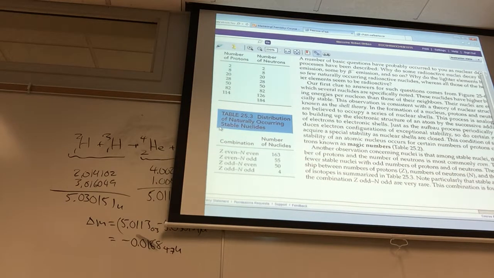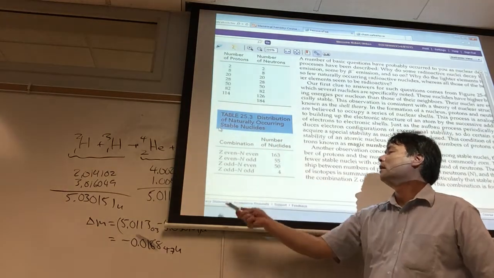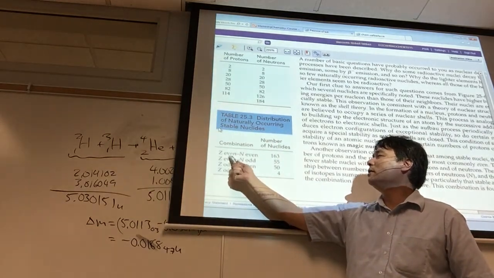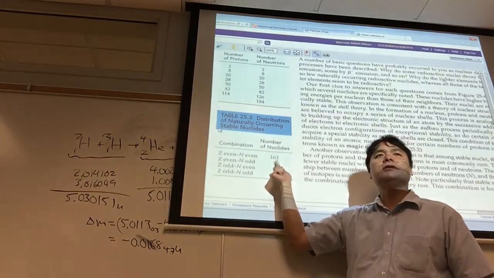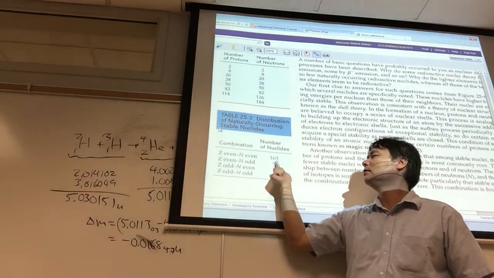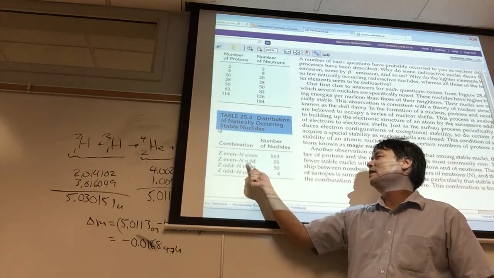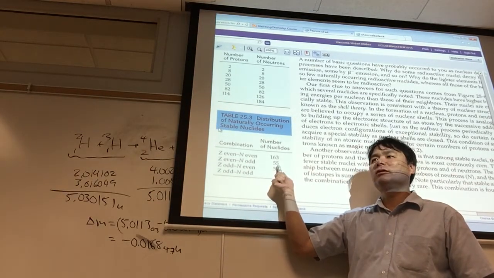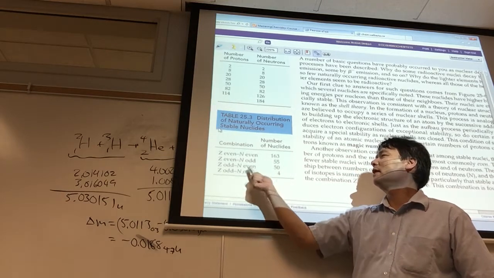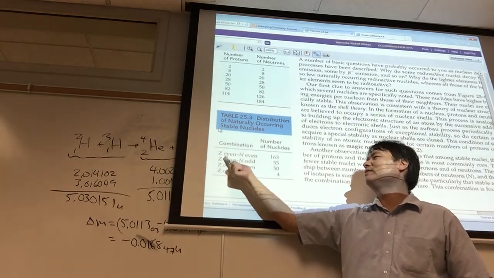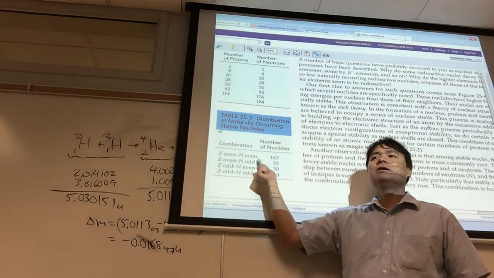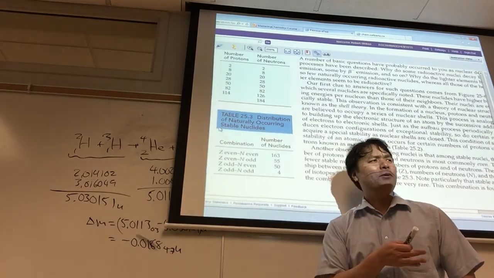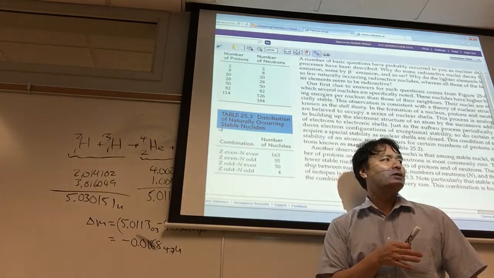The next pattern that's observed is this. When we look at these, we notice that when Z is even and N is even, there are more nuclides that are found. When Z is even and N is odd, there's quite a bit fewer. And so it looks like the nuclei that are favored are even. So even and even must be more stable than any other combination.